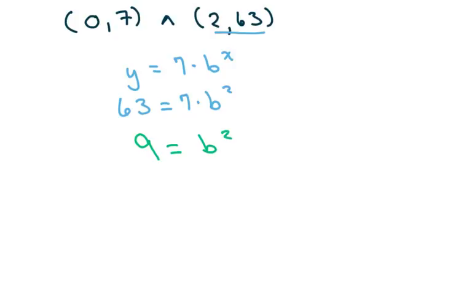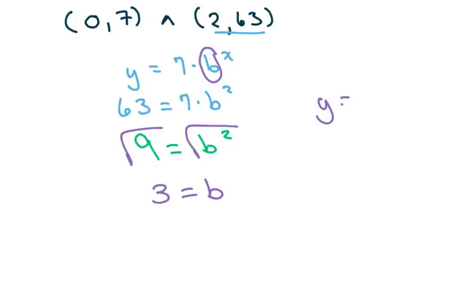Now you can square root both sides if you want. What I like to do is, okay, we'll just square root this one. It's a little easier. Square root both sides, and you're going to get 3 equals b. So I'm going to write y equals 7 times 3 to the x.